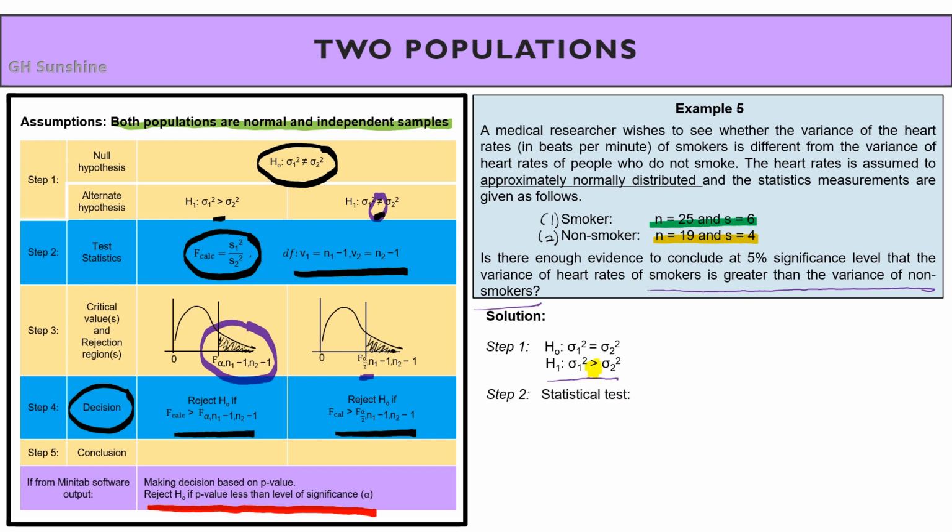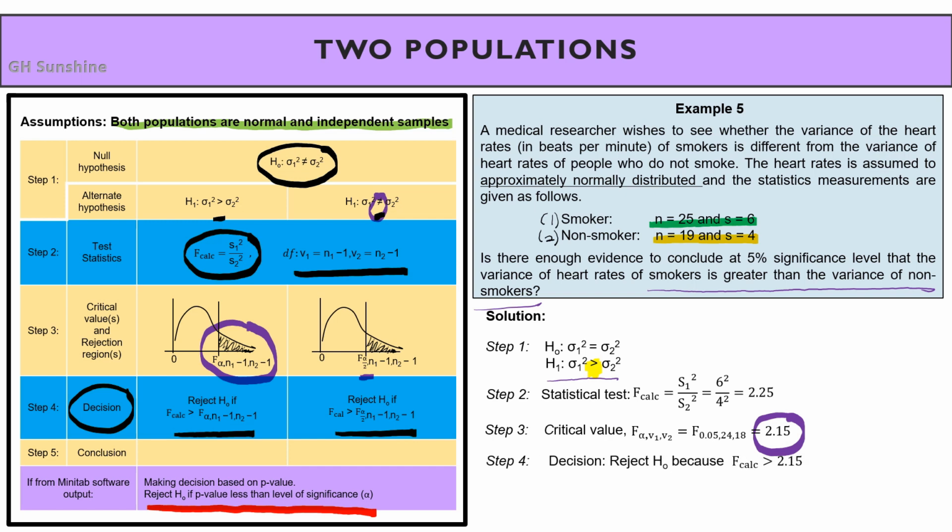Second step, calculate the F test or F calculation. So 6 squared over 4 squared equals 2.25. From the F table, this is a one-tailed test, so alpha equals 0.05, and the critical value equals 2.15. Then make a decision: compare the F calculation and the critical value.